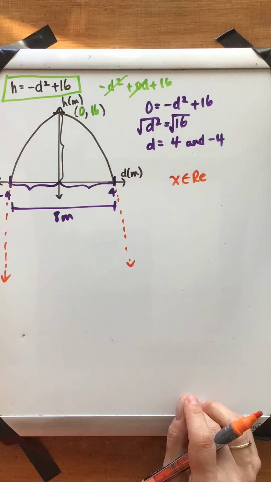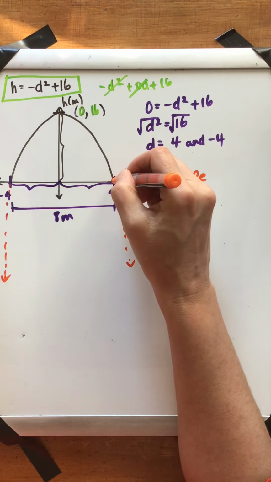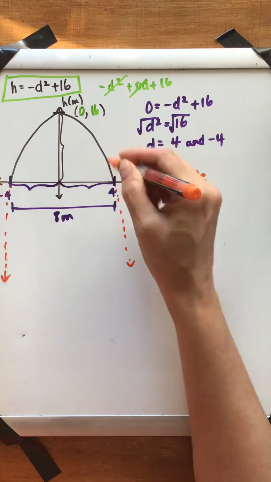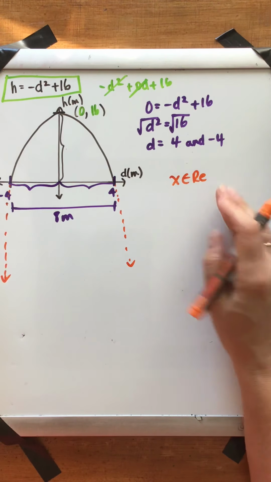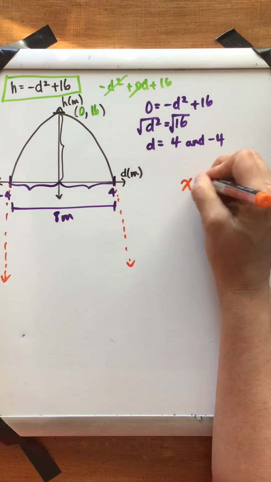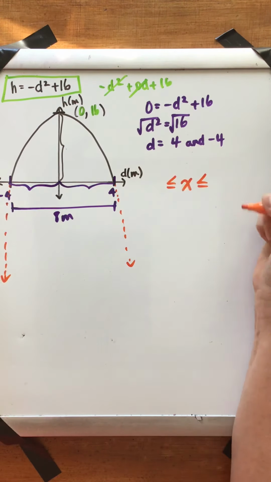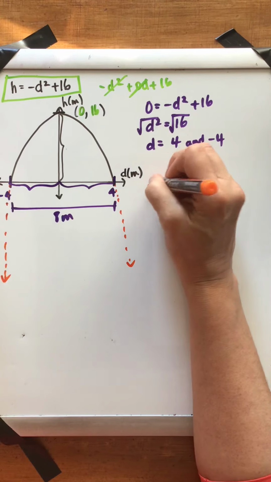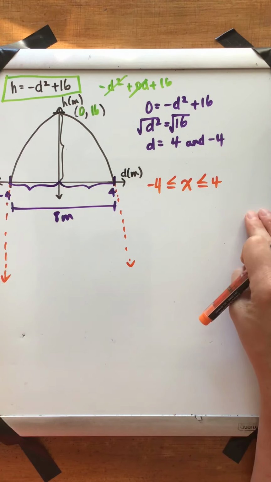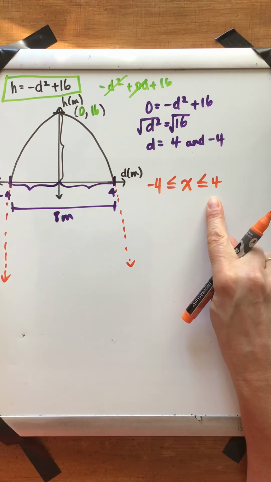We're only building it from here to here. So we can't have any x values that are outside of negative 4 or outside of positive 4. That means all of our x values have to be in between those two extremes. It's allowed to be equal to negative 4 and equal to positive 4, but it can't be outside of that. And this is a really cool way to express that.